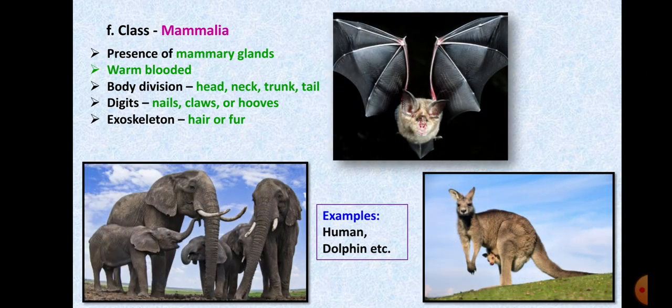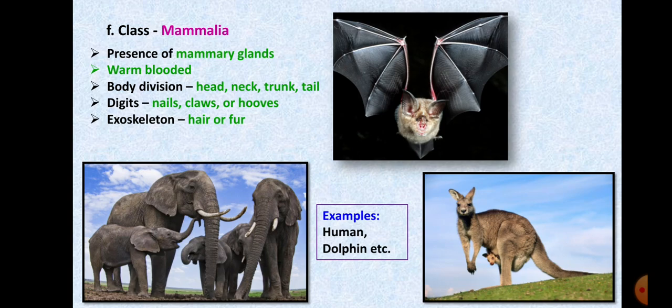The last and the final class, the highly developed one, Mammalia. The very distinct feature of class Mammalia is presence of mammary glands, milk producing glands.